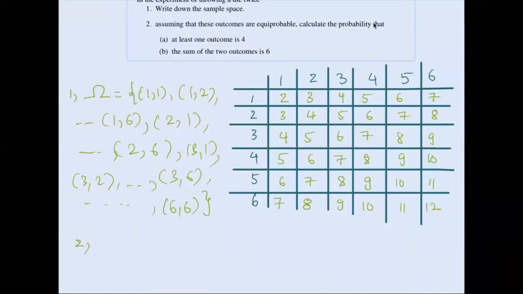For the second one, I saw some students put in the answer: the first one is 6 over 36 and B is 5 over 36. So let's see. Let event A be the event where at least one outcome is 4.